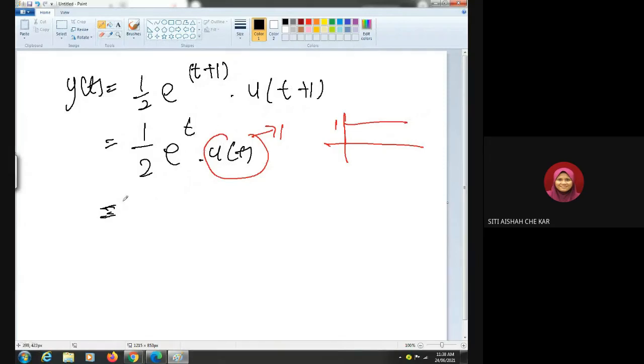Laplace exponent dapat 1/2 times 1 over S minus 1.